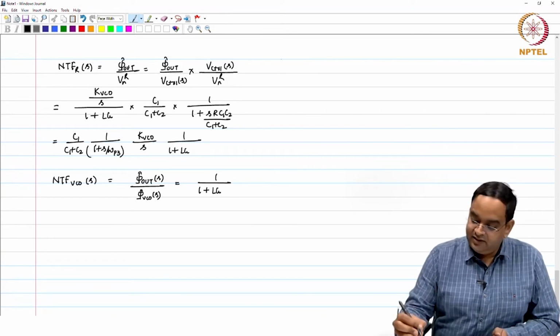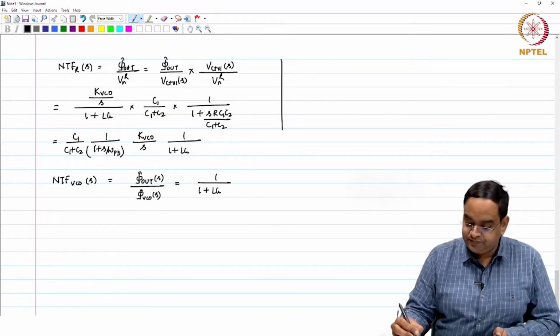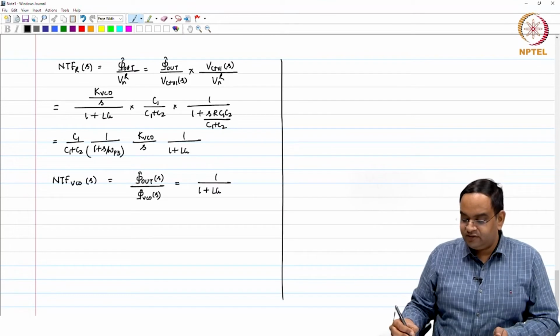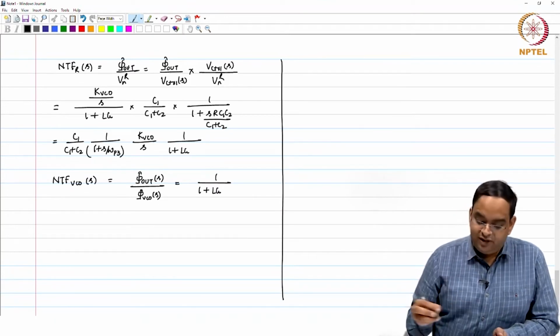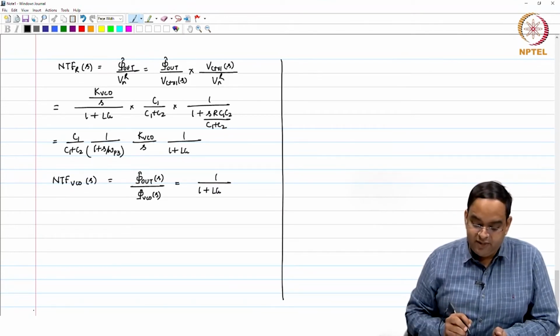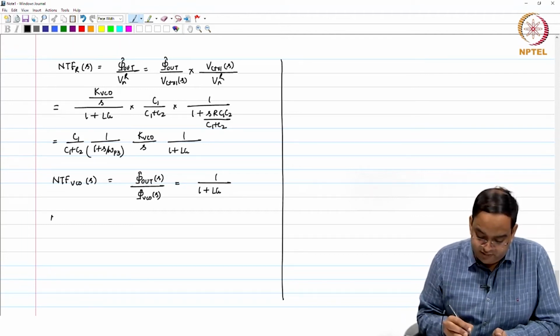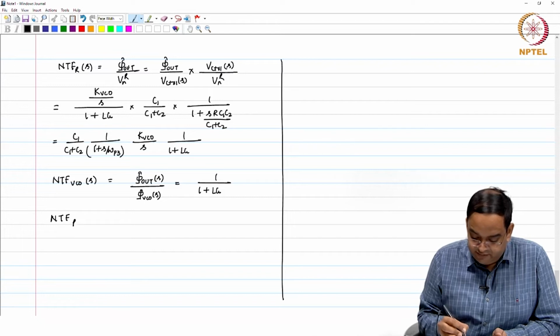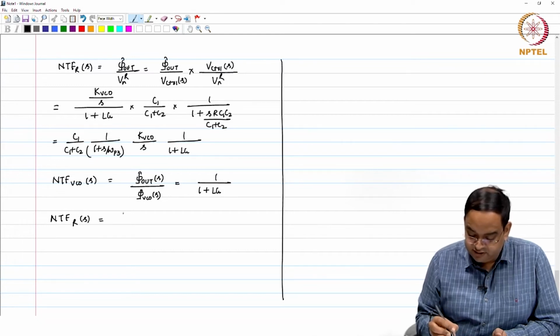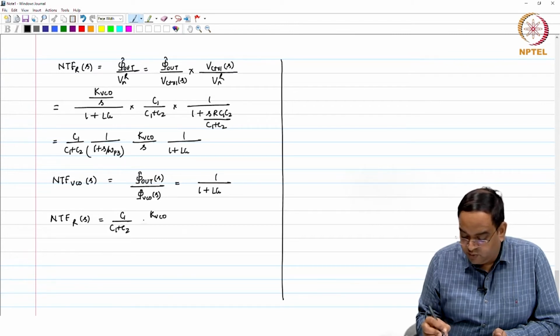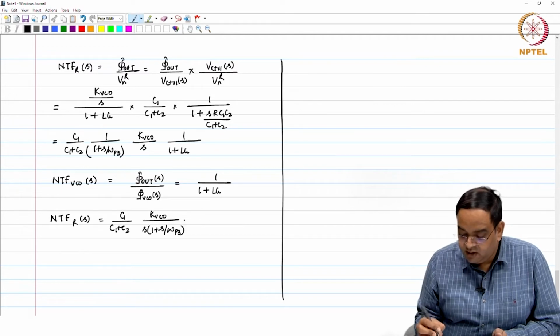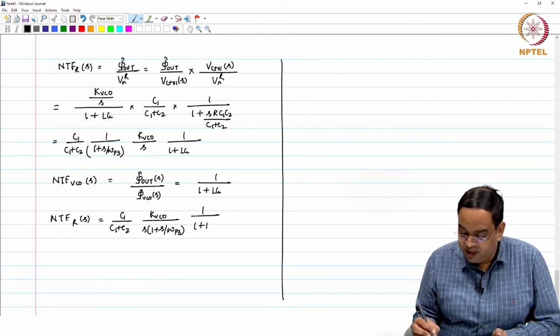Okay. Now, let us have a guess about what these noise transfer functions will look like. Because we have calculated them at many different places, I will just summarize them in one place. NTF of R of S is C1 by C1 plus C2, times KVCO by S, into 1 plus S by omega p3, times 1 by 1 plus loop gain.